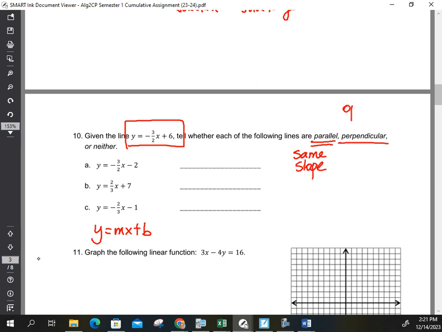Perpendicular means opposite and reciprocal. Opposite, one positive, one negative. Reciprocal, take it, flip it over. One is the flipped over version of the other. So this is a section 2.2 situation for those of you who need to go back and review.